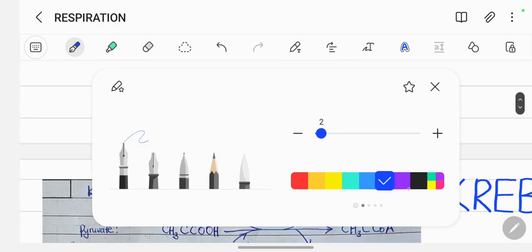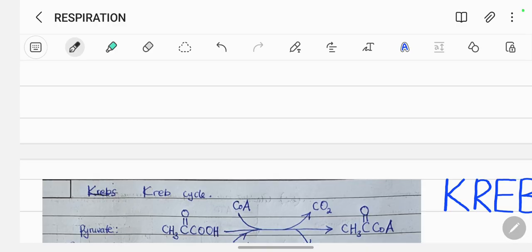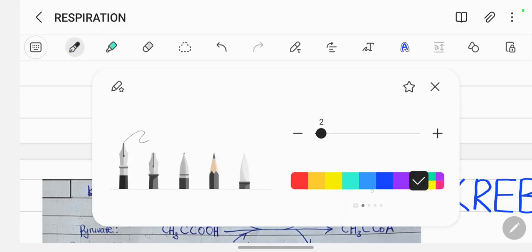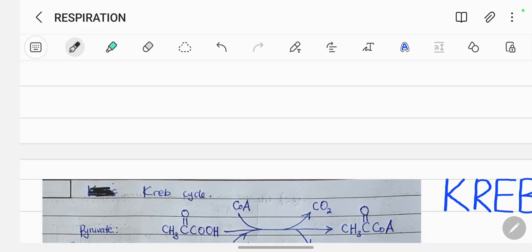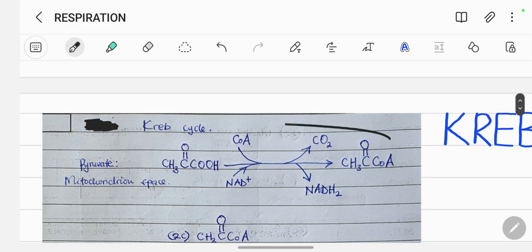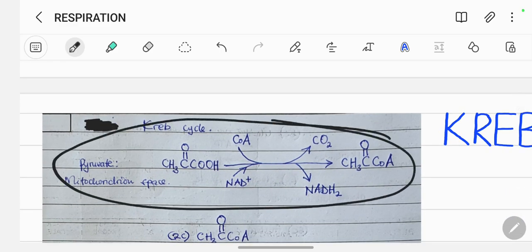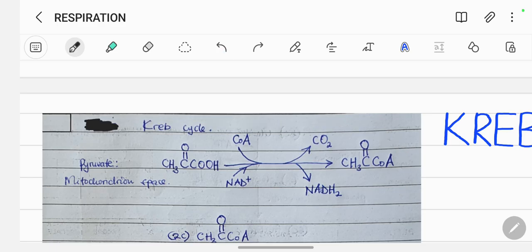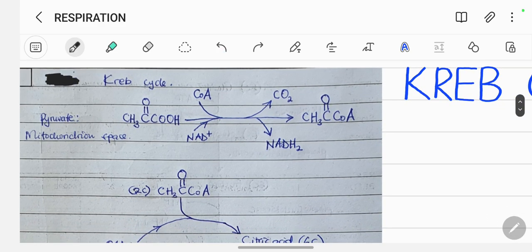But before we even reach that Krebs cycle, there is a process that is very important to look through. It's the process that happens before we enter the mitochondria. It's this process here, that conversion there, before we reach the mitochondria.